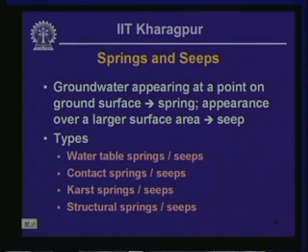or there could be karst springs, which is because of subterranean water channels that is conducted between limestone cavities, or there could be structural springs that arise when joints get exposed at the surface in a jointed rock mass terrain and the joint is water bearing.